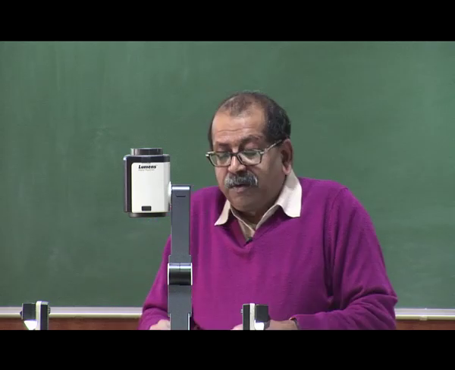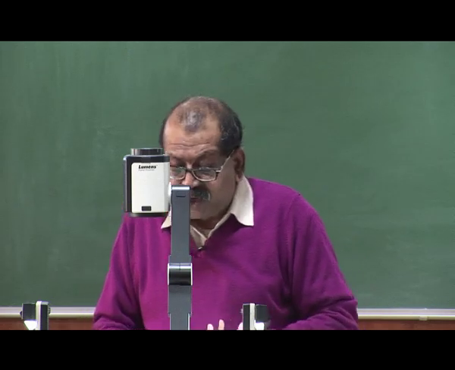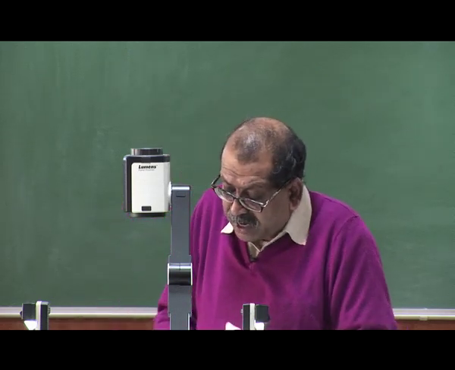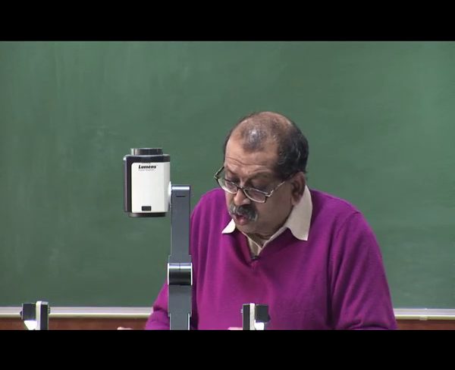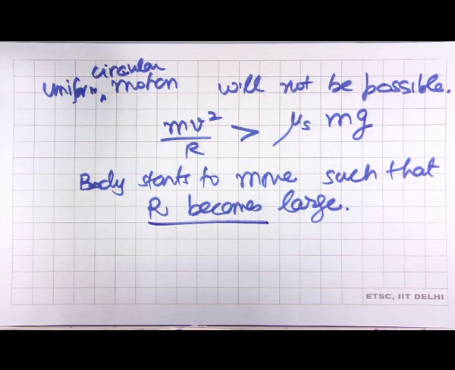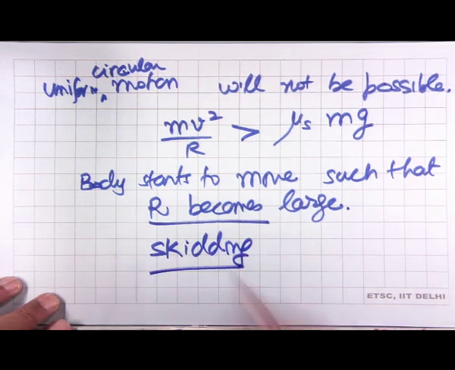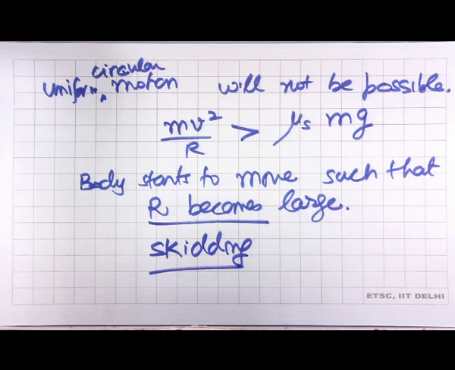Because that is not there, the acceleration is in the opposite direction, friction is not enough. So, we have an acceleration in the opposite direction to slow this motion. Therefore, r becomes large, and this is what we term as skidding of the car. So, the car starts to skid in an outward direction on the circle.